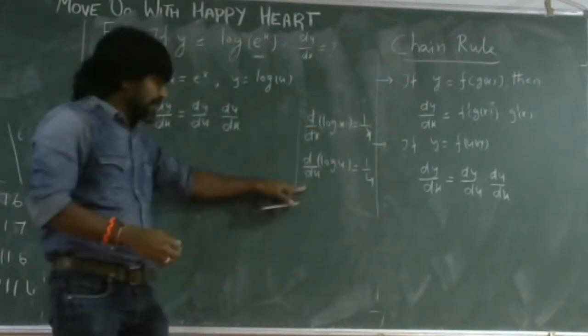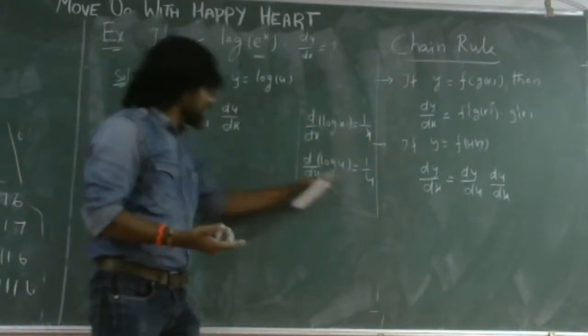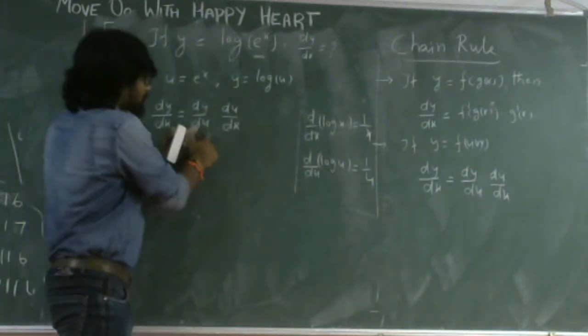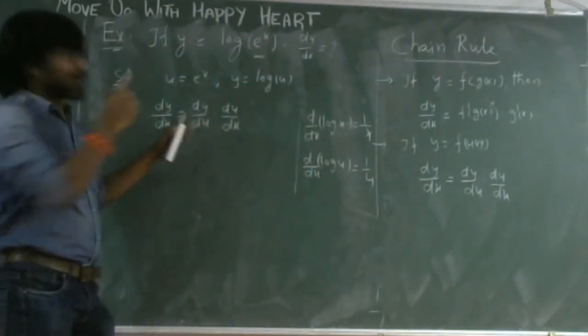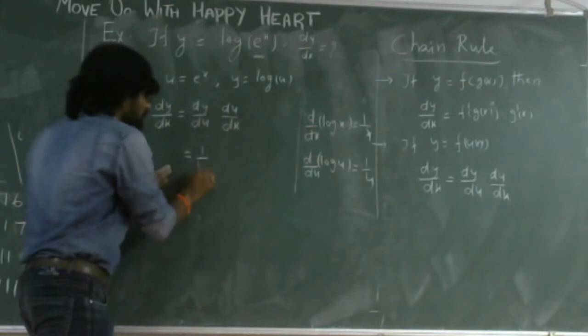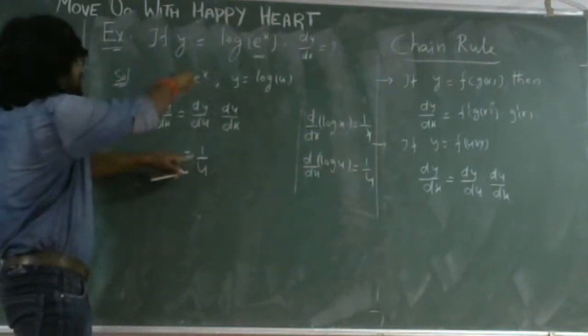Like d by dt of log t is 1 by t. So here dy by du, d by du of log u, is 1 by u. Is it clear? But u is e power x.